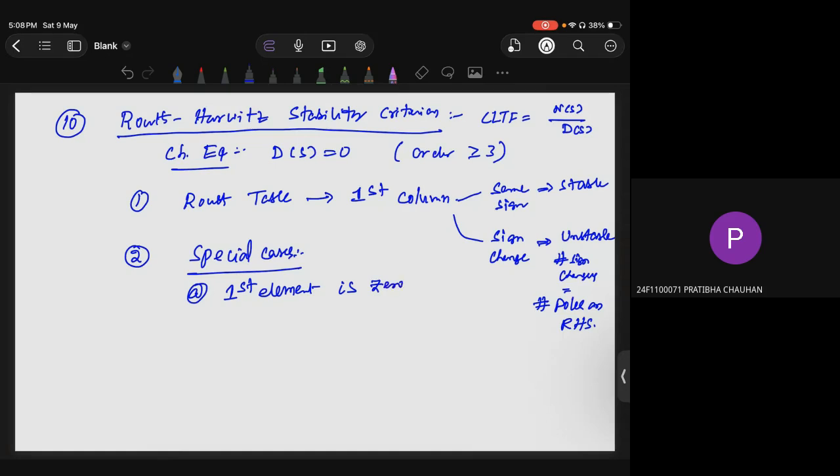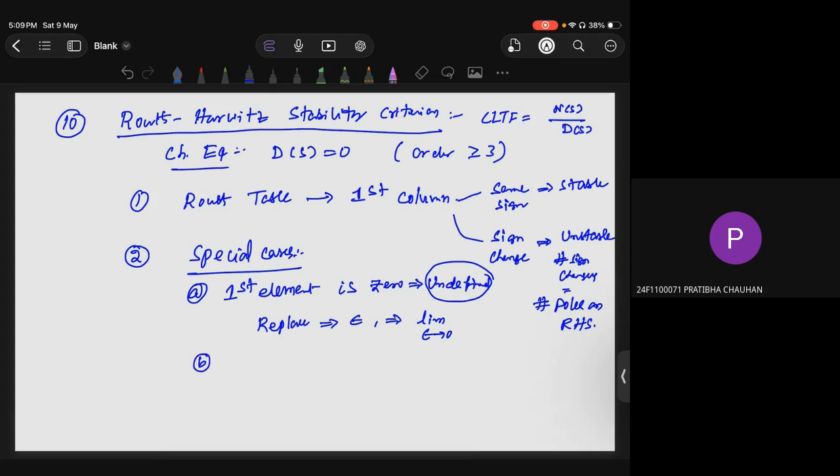If the first element is 0, later we get the situation of undefined, the infinity case. In that case, we replace it with epsilon and continue the calculations. Then take the limit epsilon tending to 0 and decide. That is one case.